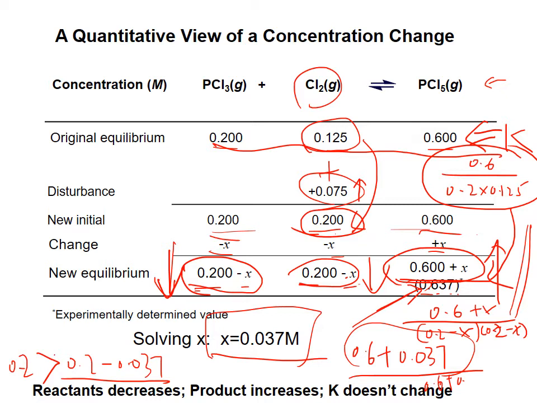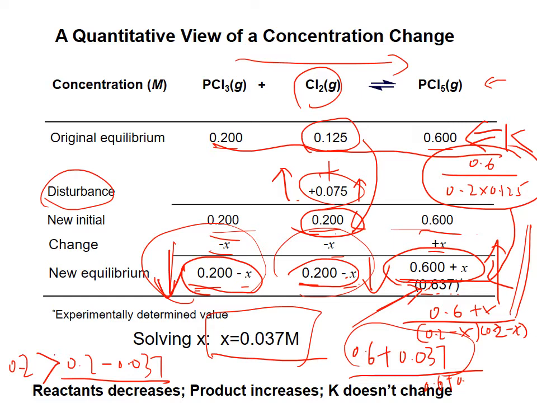Therefore, when you have a disturbance that increases the reactant, the reaction goes forward to reduce the concentration of reactants and to increase the concentration of the product, and that is exactly what the Le Châtelier principle predicted.